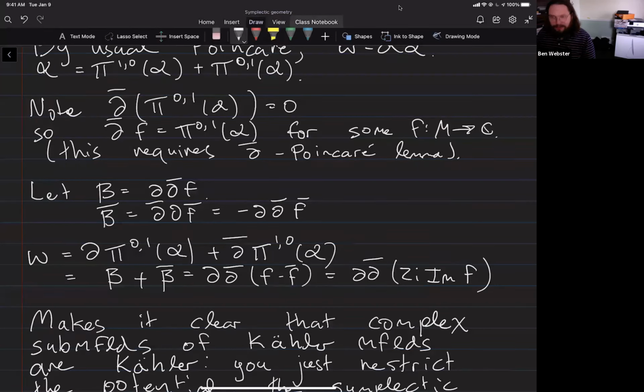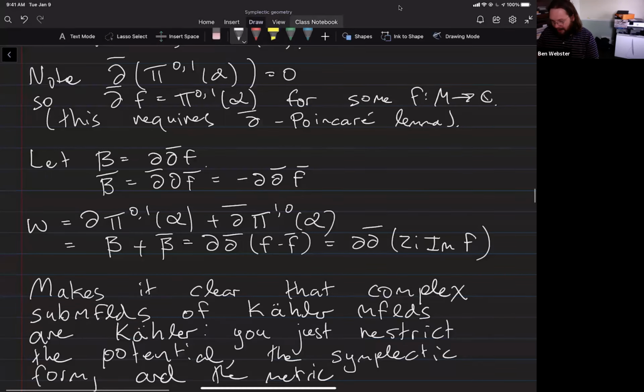And we're again going to use this fact about how del bar works. If I look at del bar of f, that's some 2 form, in fact a 1,1 form, which I'll call beta. And if I take its complex conjugate, I get del bar del f bar, which I can swap the del and del bar, but at the cost of adding a minus sign. So that's minus del bar f bar. All right.